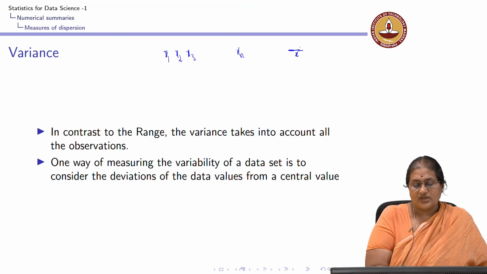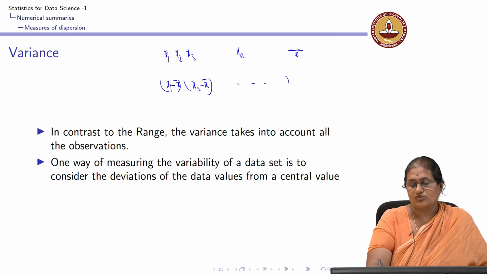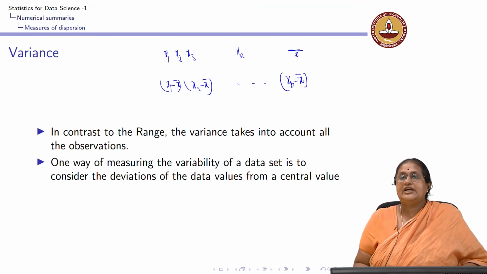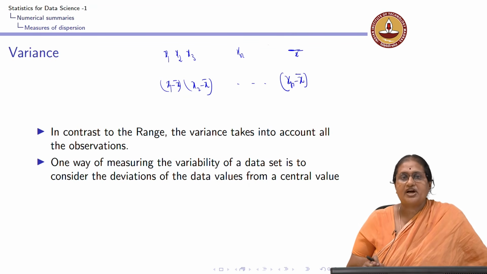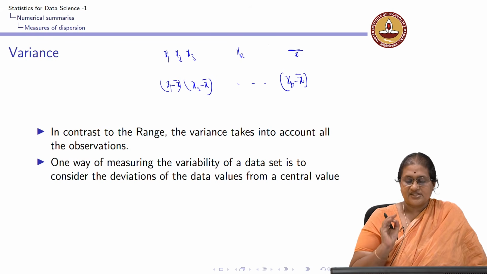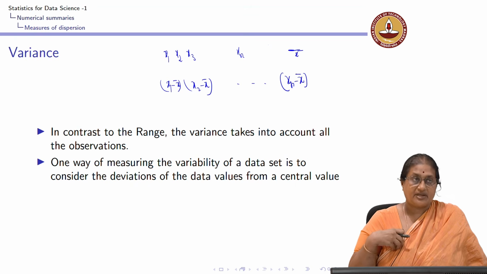The deviation of the data values from this central value is x1 minus x bar, x2 minus x bar, and so forth, xn minus x bar. This is what I mean by the deviation of each of the data points from its central value. The central value I have chosen here is the mean.